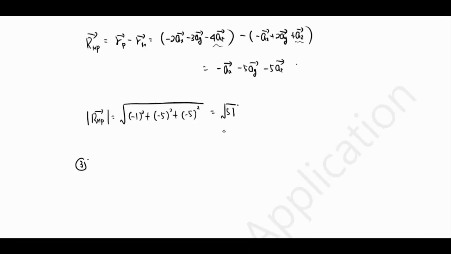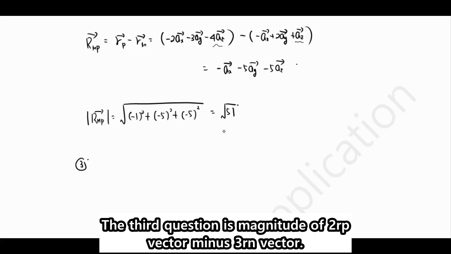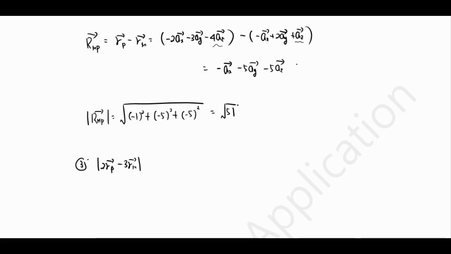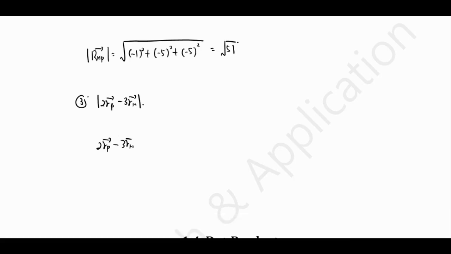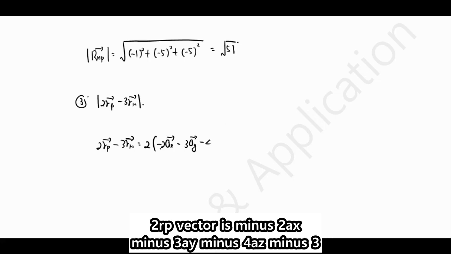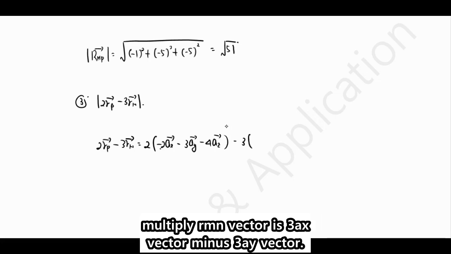The third question is the magnitude of 2Rp vector minus 3Rn vector. Firstly, we have to find 2Rp vector and minus 3Rn vector. 2Rp vector is minus 4ax minus 6ay minus 8az, and minus 3 multiplied by Rn vector is minus 9ax plus 9ay. So this becomes minus 13ax vector plus 3ay vector minus 8az vector.